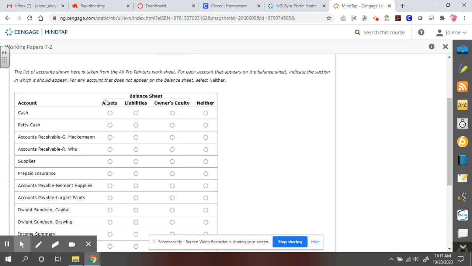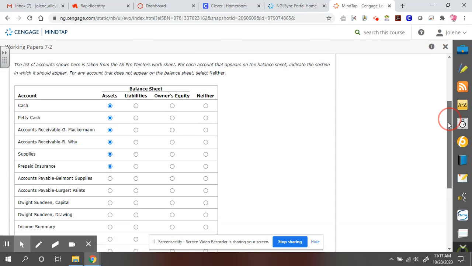All right, so we know that assets are all those things that we own and have value. So that would be cash, petty cash, accounts receivable. These are promises that these people are going to pay us. So we own them and they have value. Supplies and prepaid insurance, we own them and they have value.